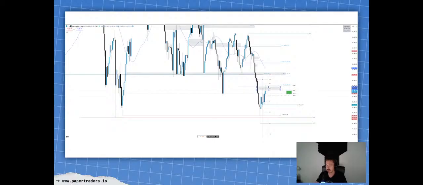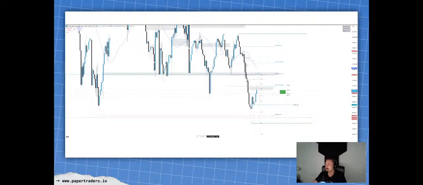Here we also notice that price is sweeping the previous 4-hour high, and if it starts to get below that previous 4-hour high, we can look for an outside 4-hour to the downside, as long as price gets below the 50% of the previous 4-hour candle.